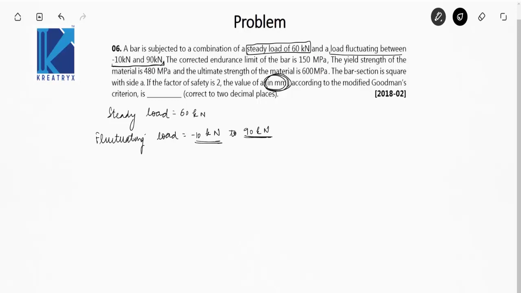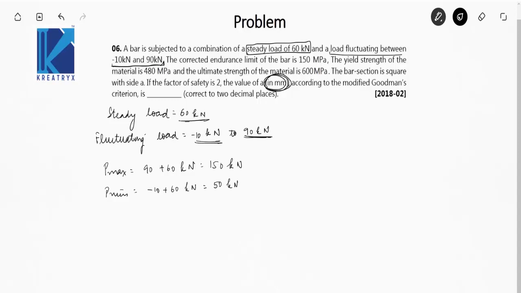So overall maximum load will be 90 kilonewton plus 60 kilonewton, that is 150 kilonewton, and overall minimum load will be, because this 60 is acting all the way along with this fluctuating load, minus 10 plus 60 kilonewton, that is 50 kilonewton.